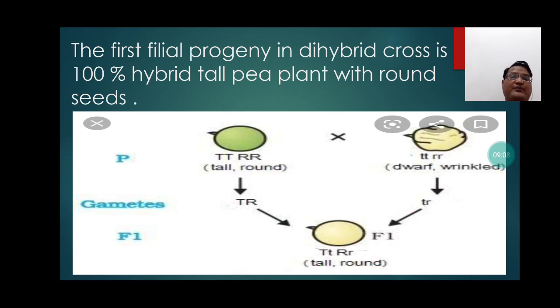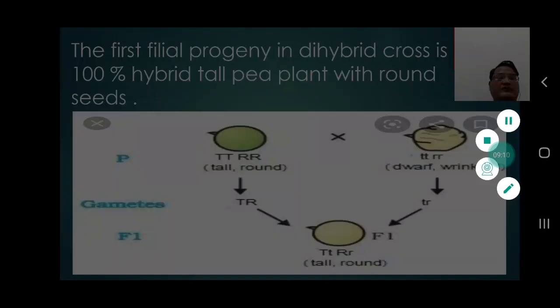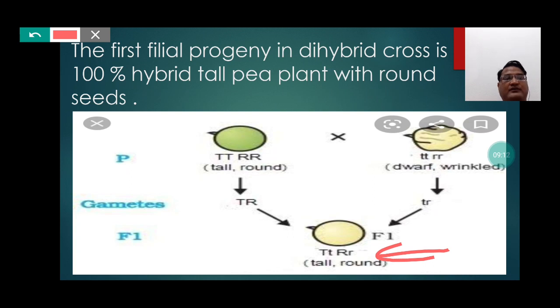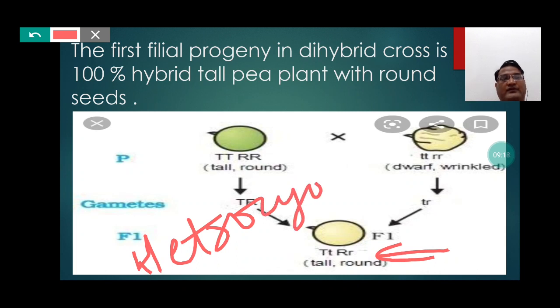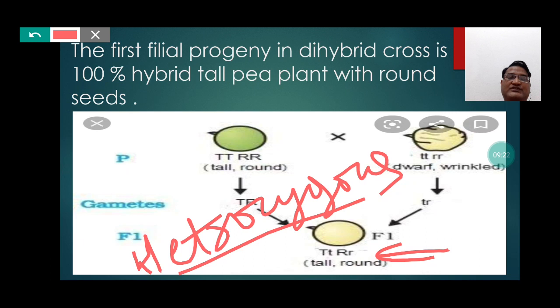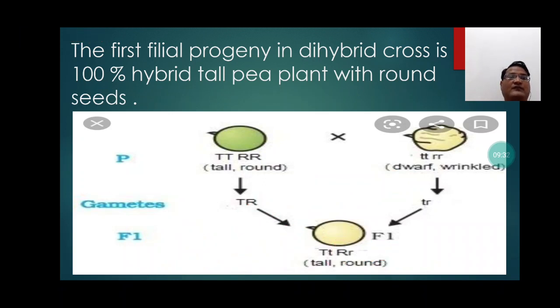So students, here hybrid is represented by the heterozygous genes, where heterozygous represents different genes, where you can see capital T small t and capital R small r. That condition shows the heterozygous.